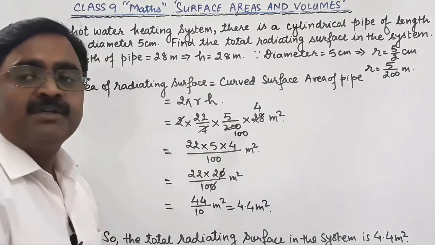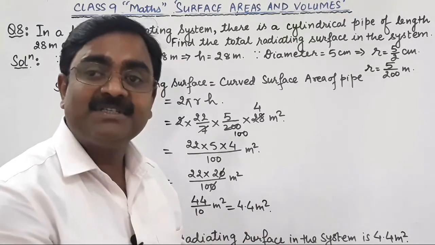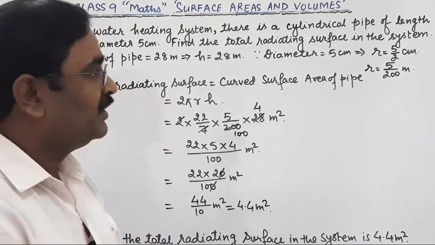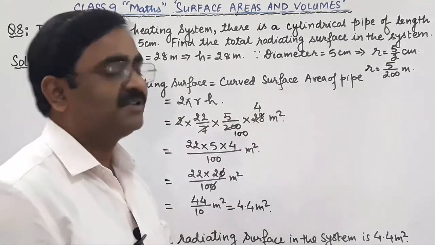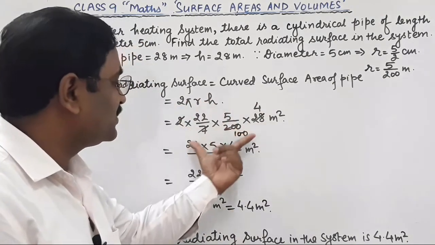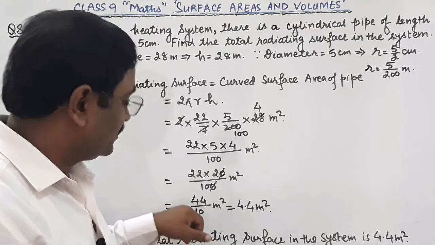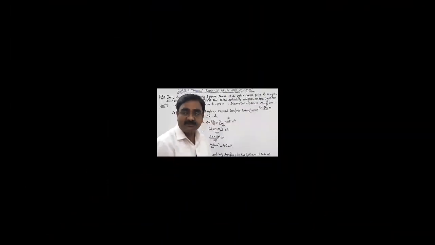Right friends? So the radiating surface is the surface heating the water in this heating system. So to find out the radiating surface, we need to find the curved surface area of the pipe. And curved surface area formula 2 pi r h, substituting the values, we got the total curved surface area. Curved surface area of this system is 4.4 meters square.